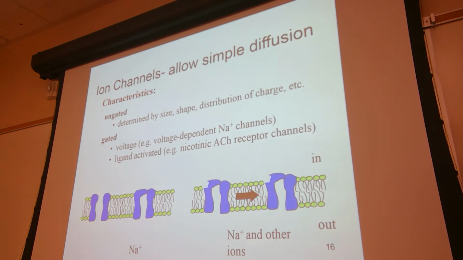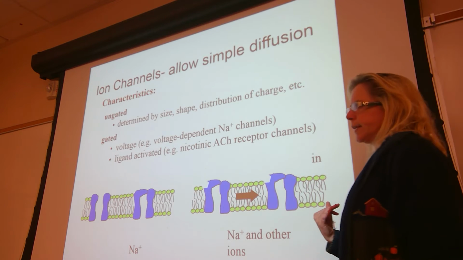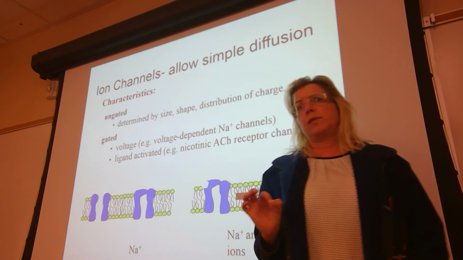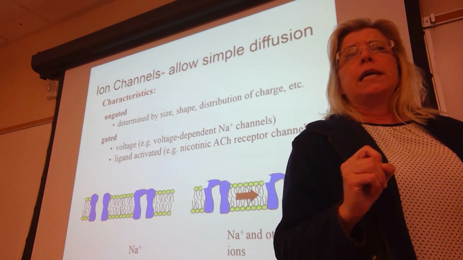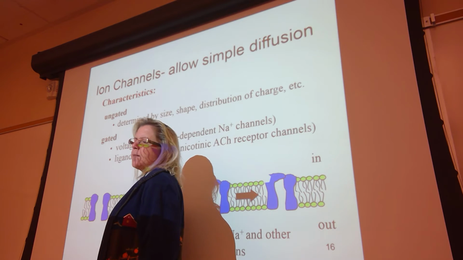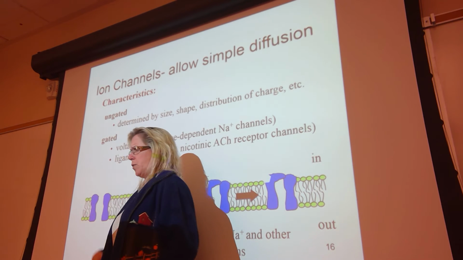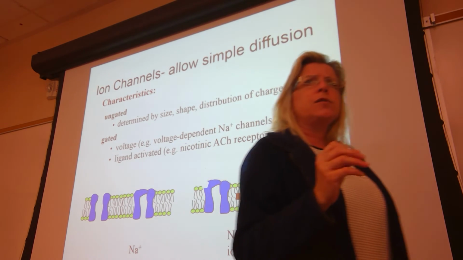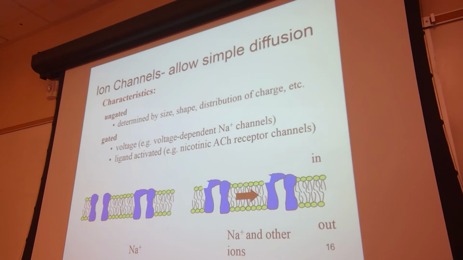Now, these channels we are going to learn in our Unit 2 are going to allow specific substances to go through. Even if it's a pore that is open all the time, you might think anything can go through. No. These channels are still specific for some entity, some molecule, some ion to get through.